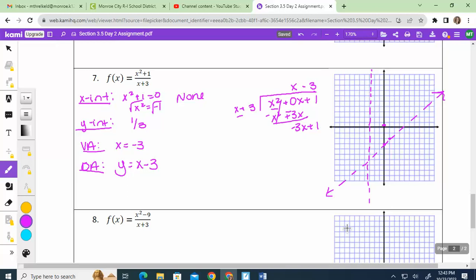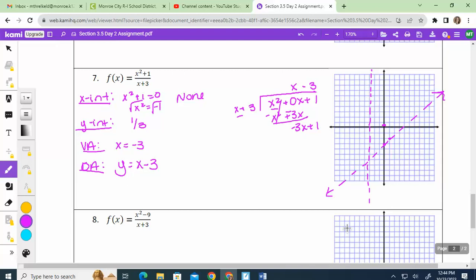So if we graph this, if you just look at your calculator, you're probably only seeing one little piece right now, but it's a function.